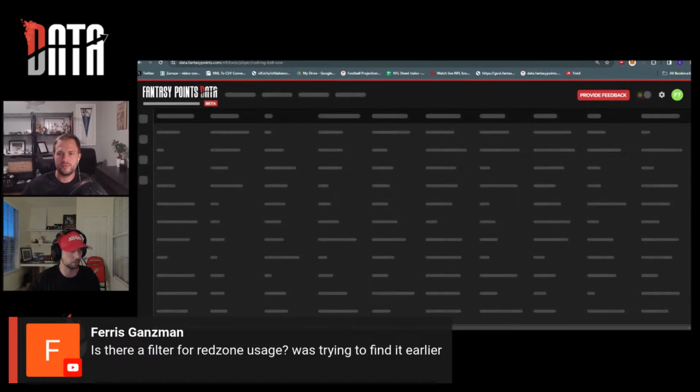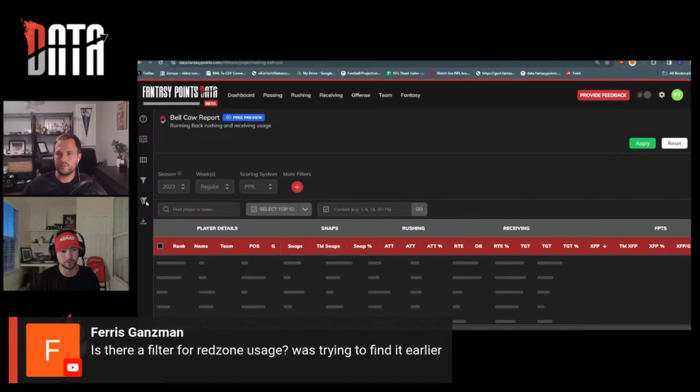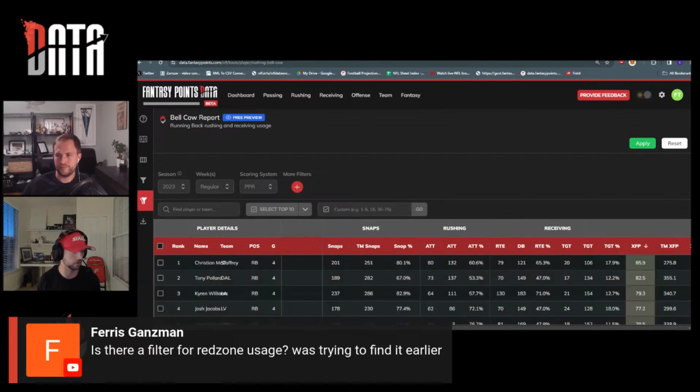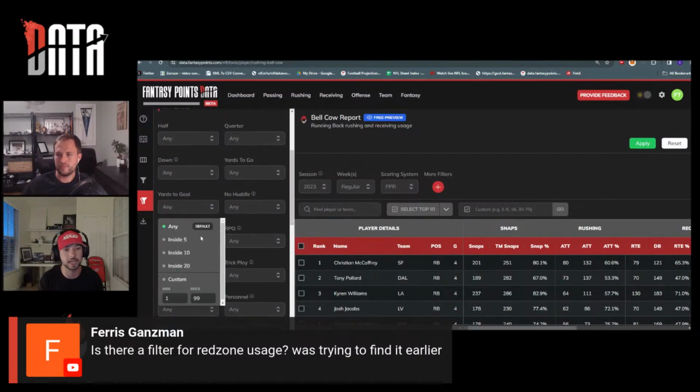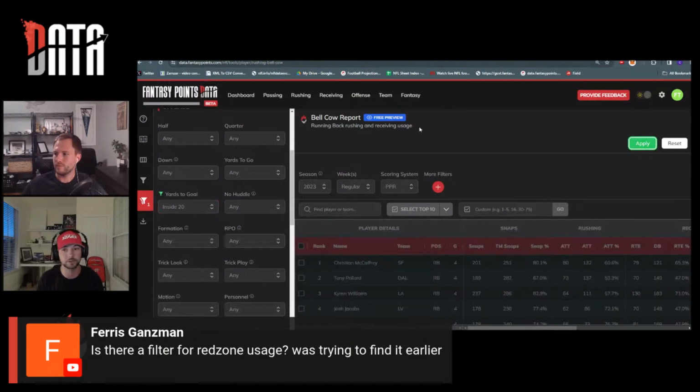But in the bell cow report, all you need to do is go to play filters, and it's right there under yards to goal. You can get even more granular than red zone usage. You could go inside the 10, inside the 5, inside the 1 if you want. You can customize it to get whatever you want. So yeah, that is how you get down to red zone usage.